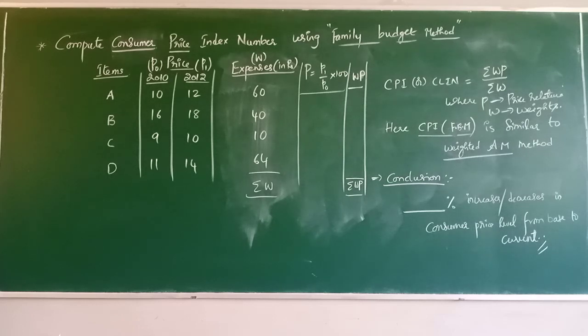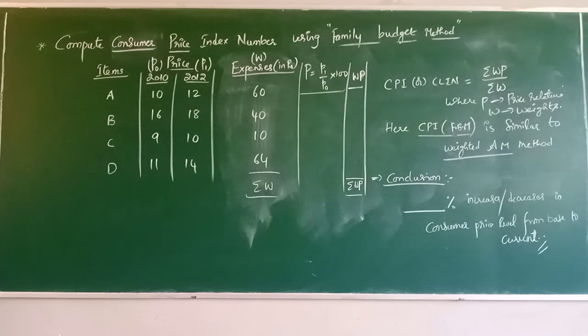If the weights are given and it is asked in consumer price, definitely the suitable one will be family budget. Otherwise, weights are considered even in the weighted arithmetic mean, right? Because the weighted arithmetic mean and the family budget method are both one and the same.